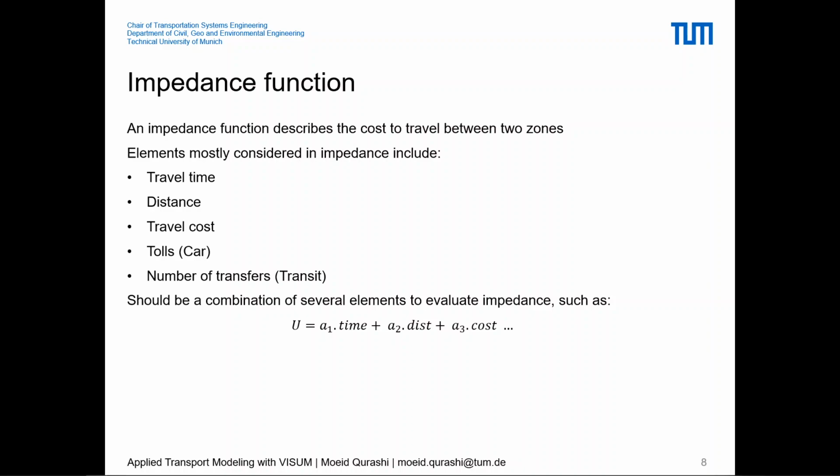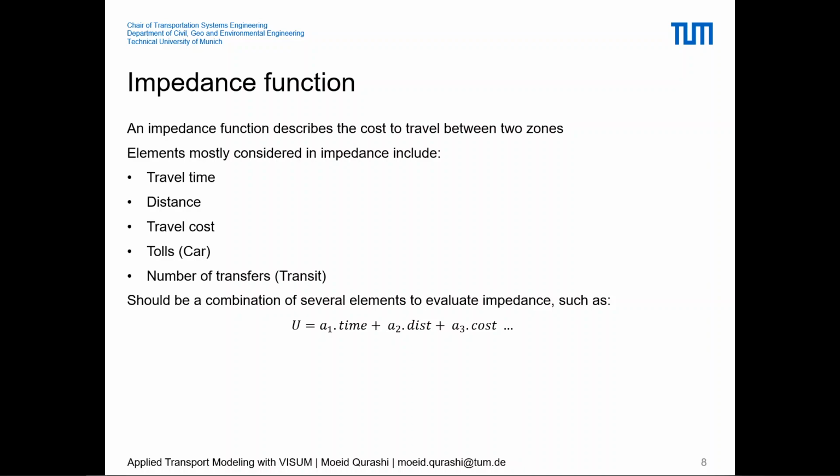Second is distance, which is rather simple. Then travel cost is also very important. If you want to go to a city center, you might need to pay a lot for parking. If you want to use a motorway, you might need to pay tolls, which is additional to just the distance. The petrol cost is rather a function of the distance or the travel times.